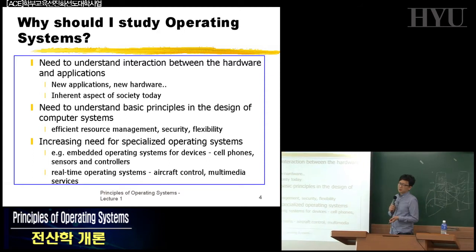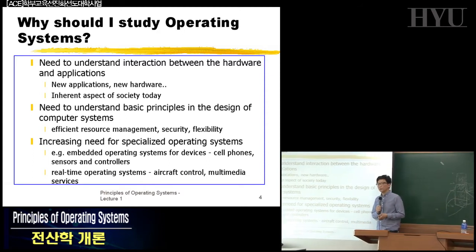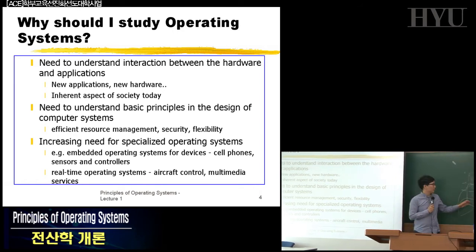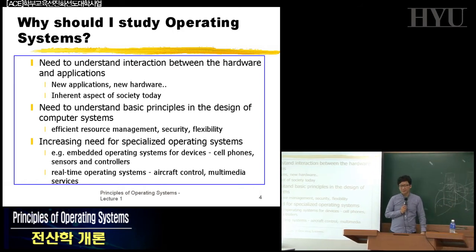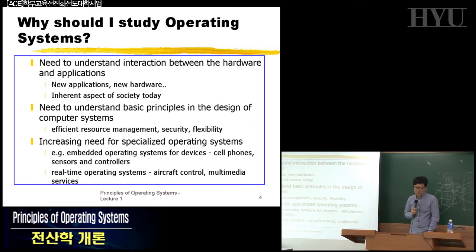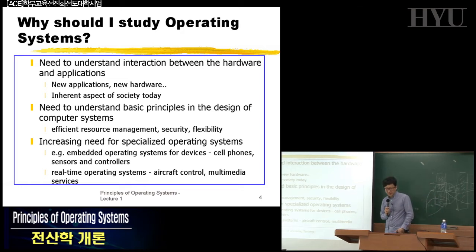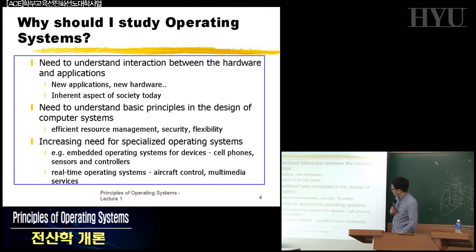What are the algorithms being implemented to achieve that goal? So let's try the very basics like these. There is an increasing need for specialized operating systems: many different operating systems, embedded operating systems, real-time operating systems like aircraft control. It will come up in later slides too.